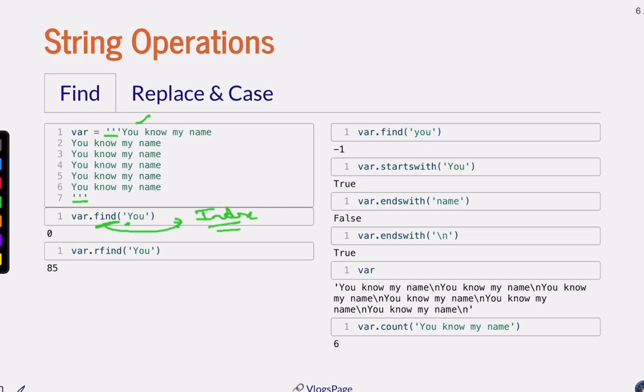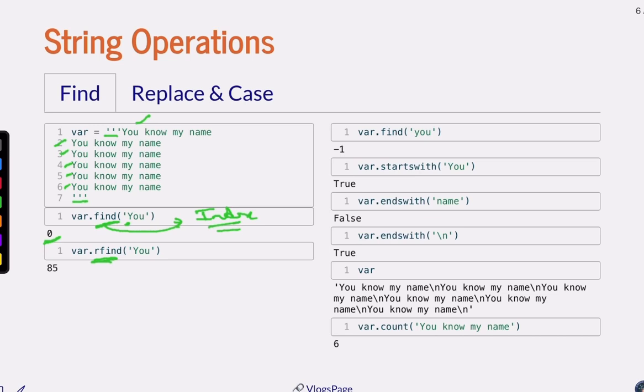Although there are multiple "you" statements, find has a limitation. Whenever you use find, it identifies the first "you" and gives its starting index. Since it is the first word and its starting index is 0, it gives 0 as output. Whereas rfind is the rightmost, that is the last one.